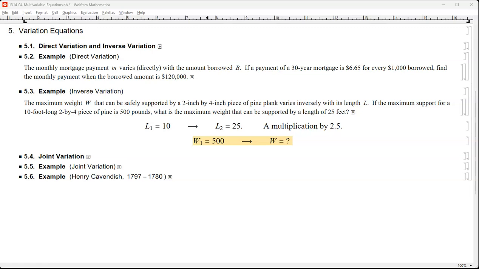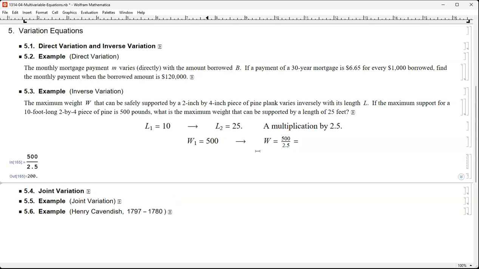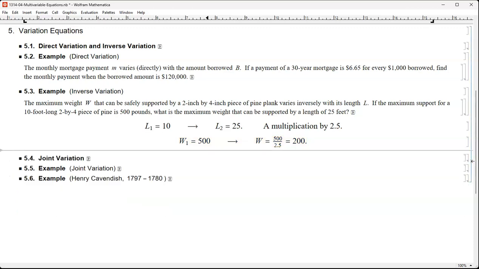Well, this is inverse variation, so the multiplication must become division. No addition, subtraction, just multiplication and division only. So 500 divided by 2.5. And what is this? Well, you can punch this into a calculator. 200.